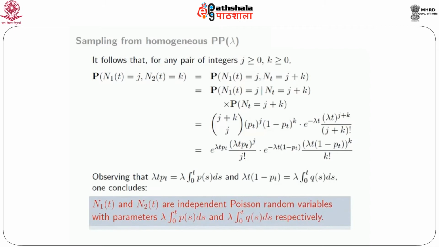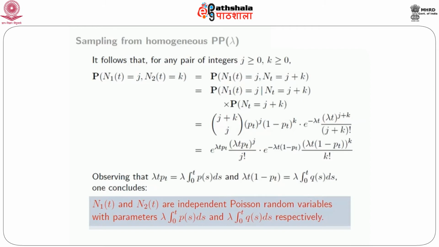The one involving j is the probability mass function at j of a Poisson distribution with parameter lambda t pt. And the second factor involving k is the Poisson probability mass function at k of a Poisson distribution with parameter lambda t into 1 minus pt.